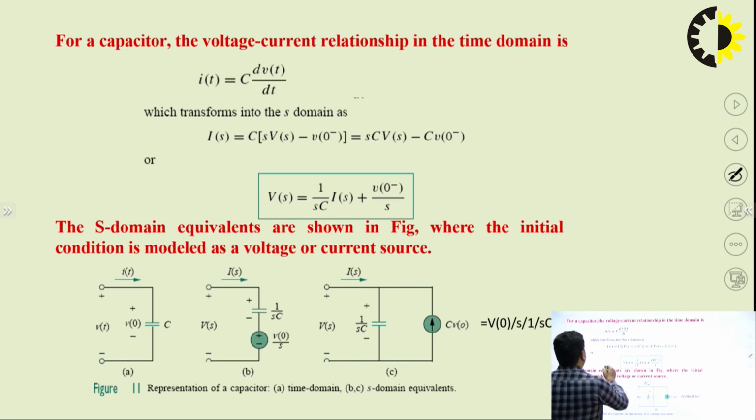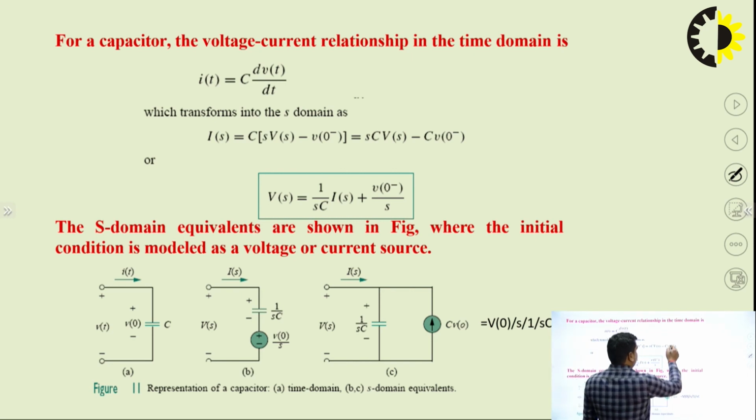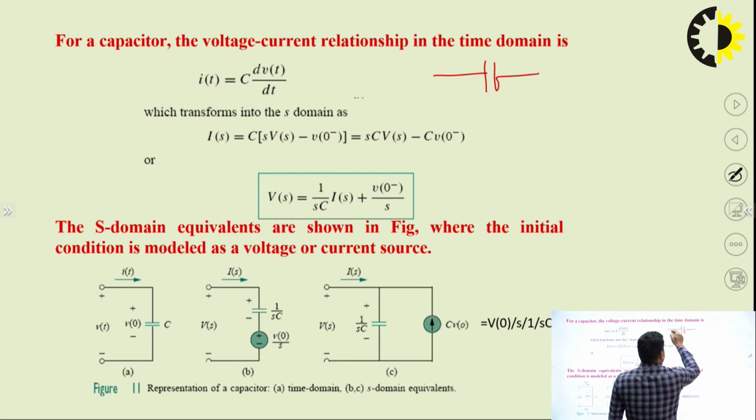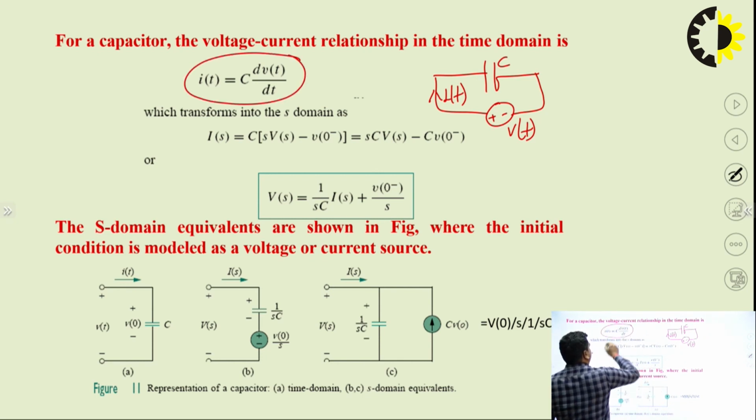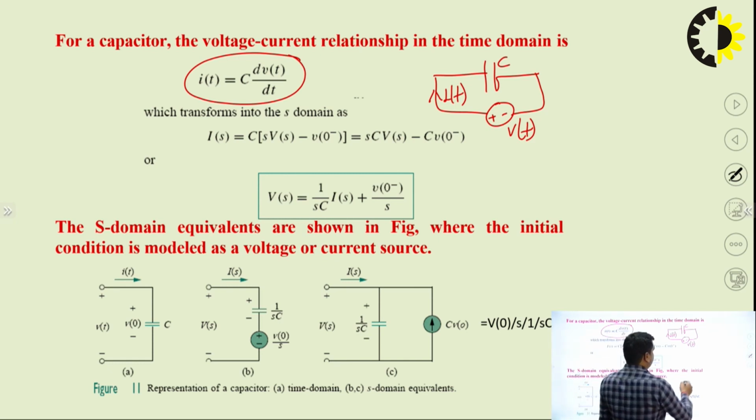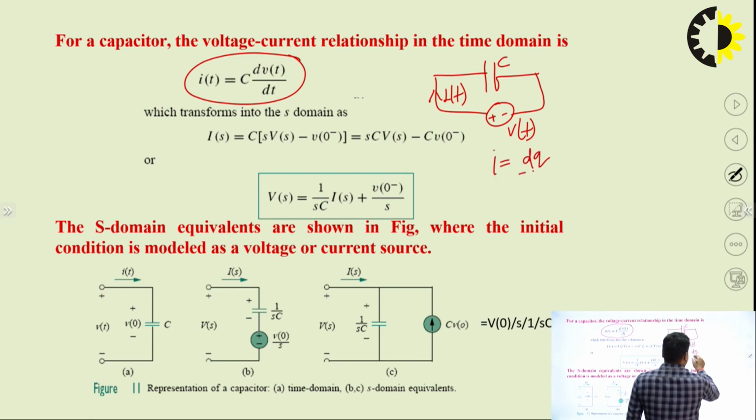Now, for the capacitor, this is v(t), this is i(t). We already know that i(t) equals C dv/dt, and also that i equals dq/dt, or q equals the integral of i dt.